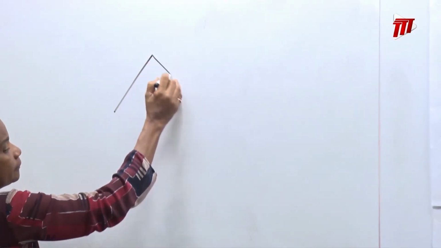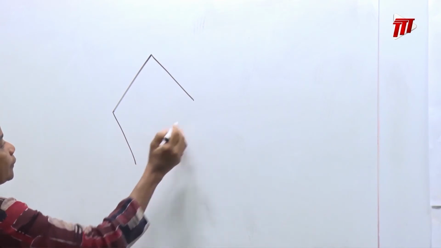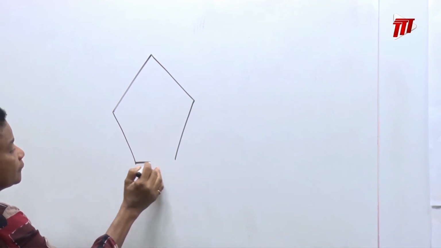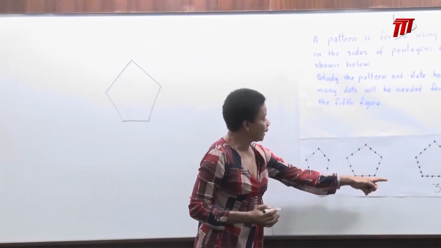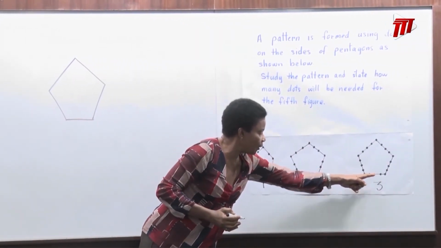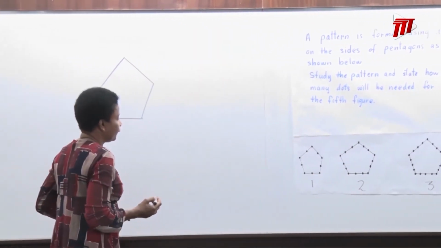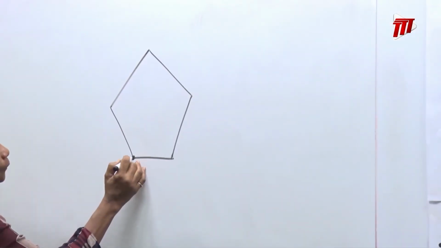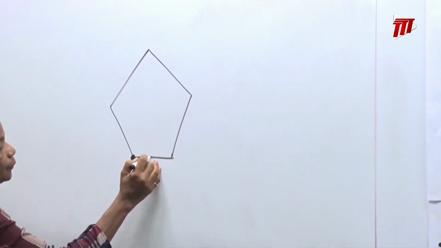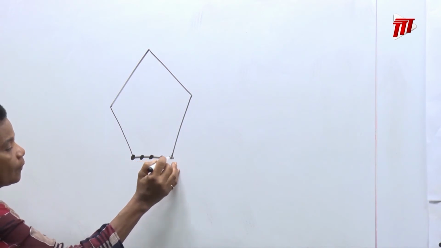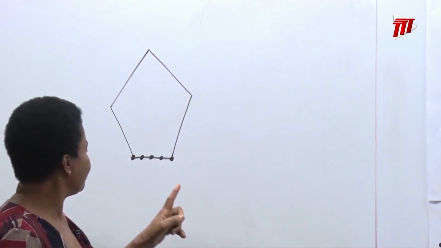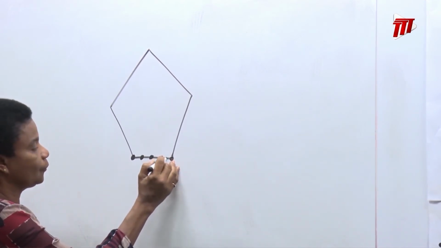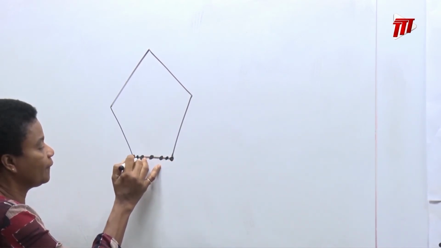So 1, 2, 3, 4, 5. And following the pattern, we are going to place 5 dots on each side. 1, 2, 3, 4, 5. Just how this one has 1 in the center, we will put 5 in the center.